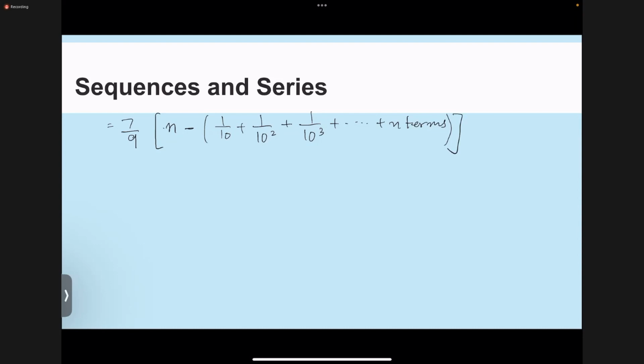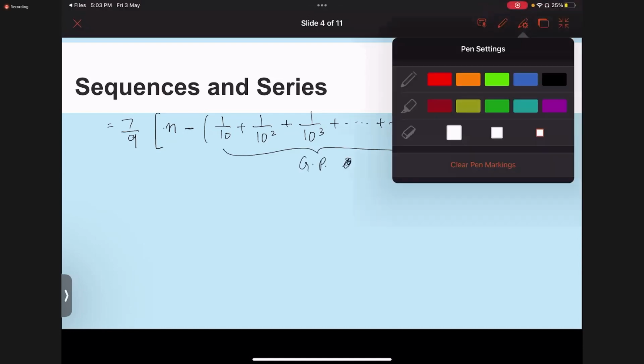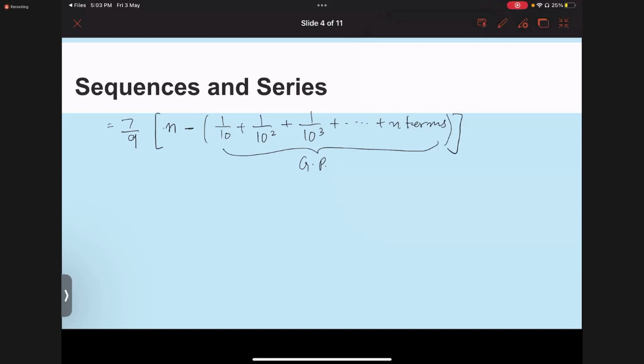Now you can see one thing is that this eventually forms a GP where your a is 1/10. This is a geometric progression and this can become a geometric series also, the corresponding series for that geometric progression.